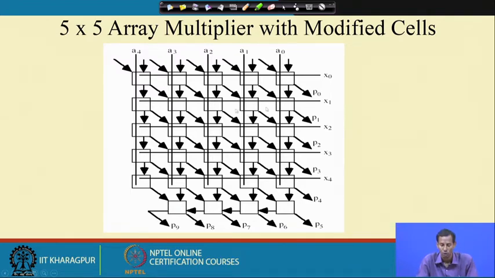Okay. So, this is the unsigned multiplication architecture along with the modified processing blocks. Modified processing block means initially we considered only the full adder cell, but here we are considering the ANDing operation inside the processing block itself. Okay.